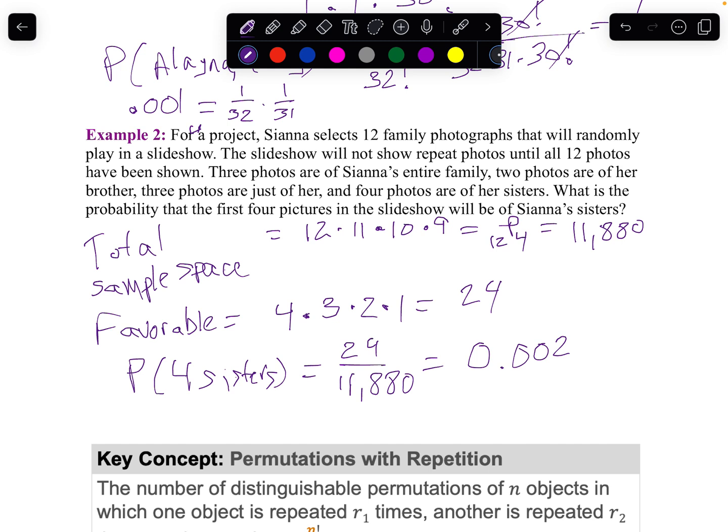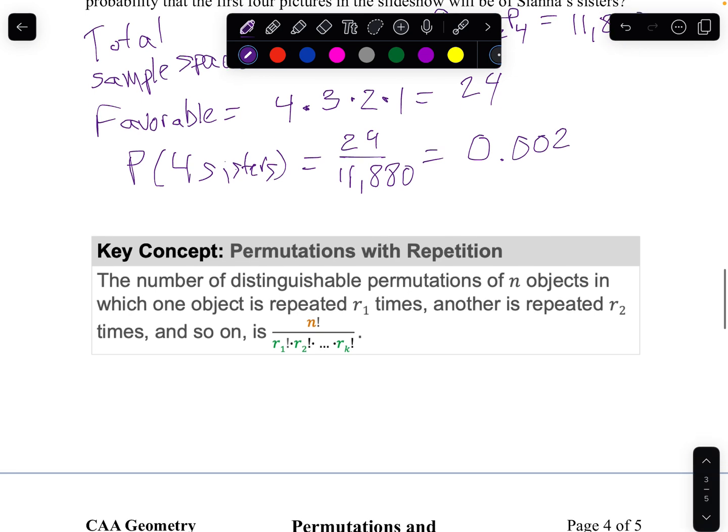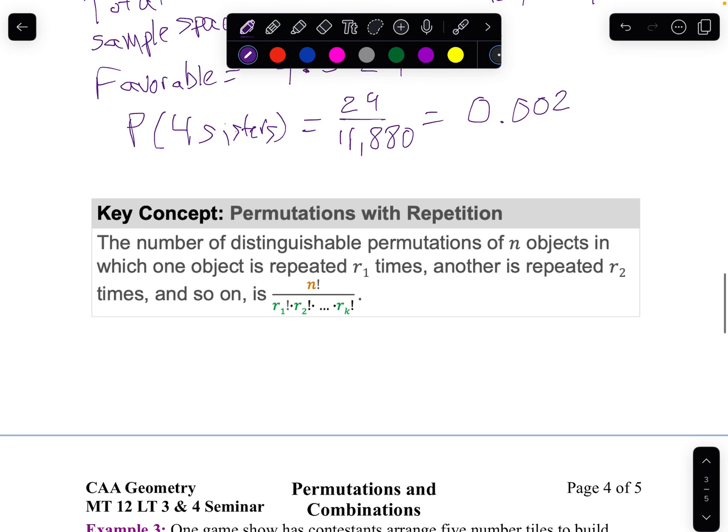Now, if you have a problem where they repeat, what we're going to do is divide by the number of ways it can repeat, because repeat means there's more than one way to do that. So that's all we do for that one.